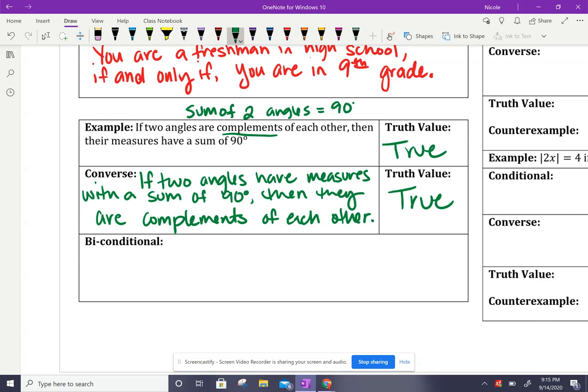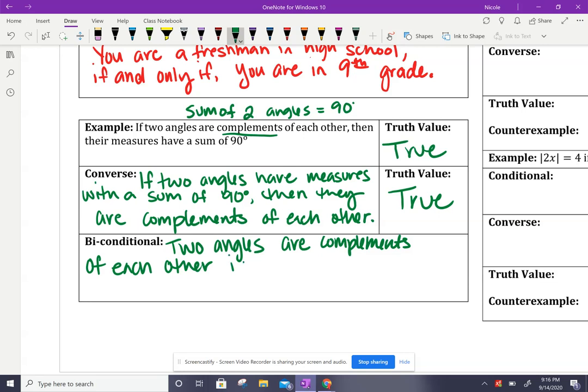So our biconditional statement will say two angles are complements of each other if and only if, and I'm going to use that IFF on this one, IFF, their measures have a sum of 90 degrees.